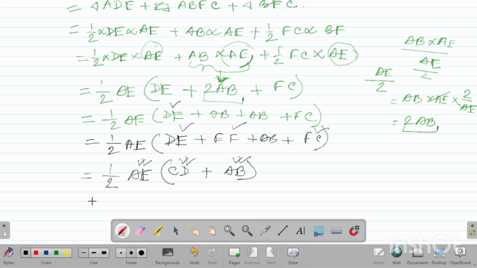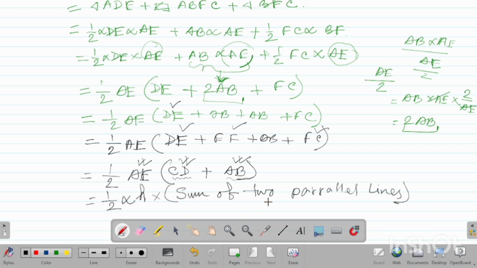That's why we got half multiplied by height multiplied by the sum of two parallel lines.